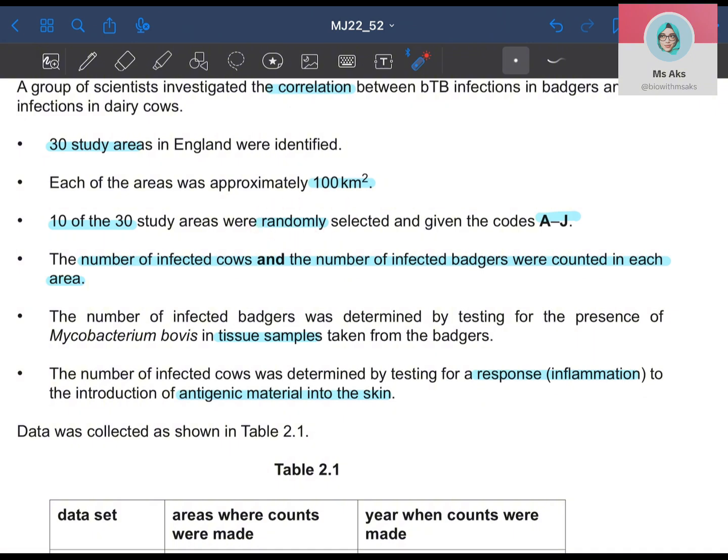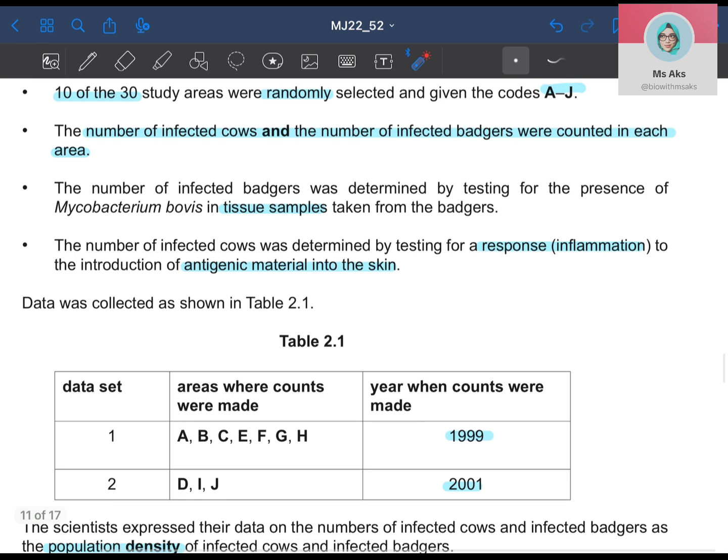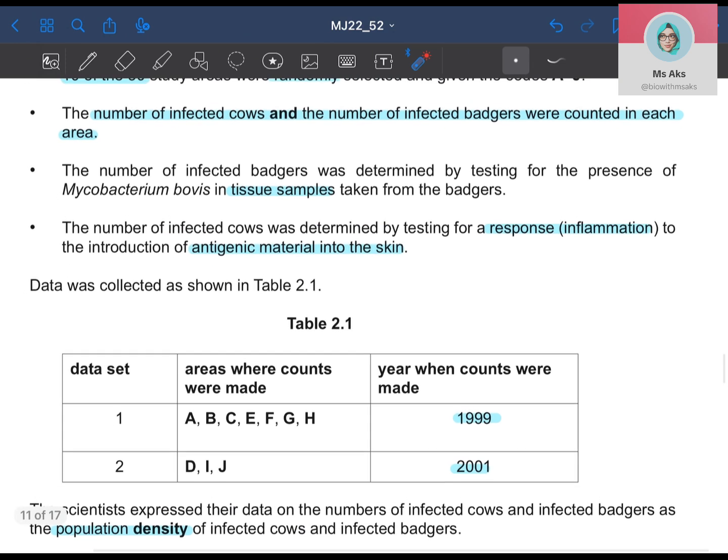They did some random sampling, okay, but what we can argue here, and let's look at the data, in this area we notice that the year in which this population were counted are not the same. So that could be a problem too, because what we actually want is to standardize when these measurements are being taken.